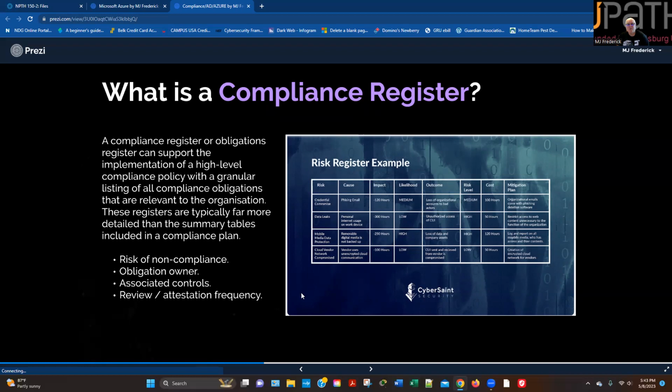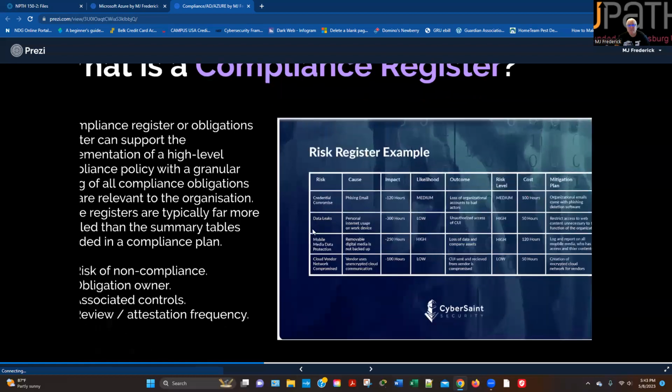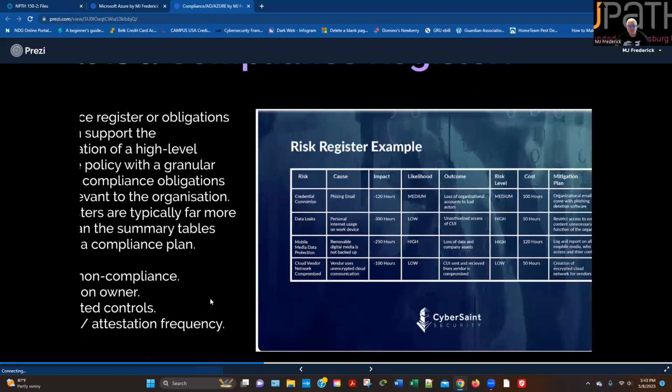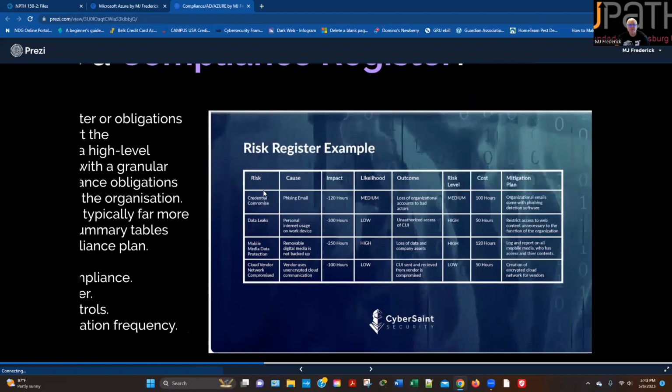So we see here when we look at the register, and this can apply to anything when we talk about risk, cause and effect. When you look at the risk, you see, okay, what's the risk? All right, credential compromise, data leaks, mobile media data protection, cloud vendor network compromised.